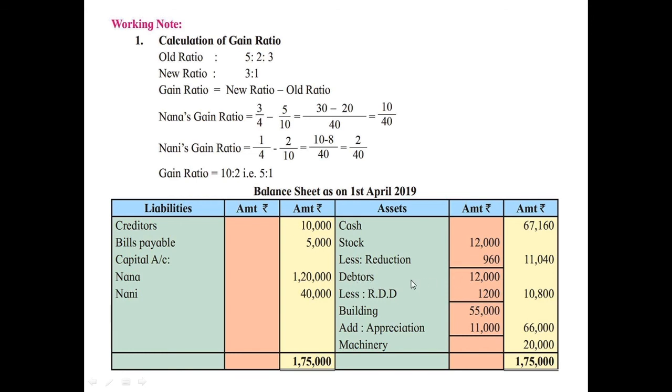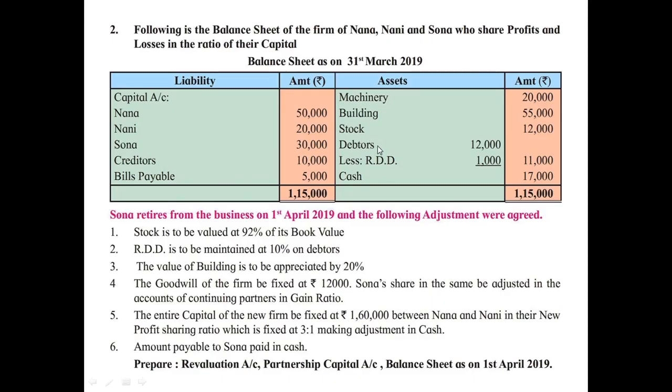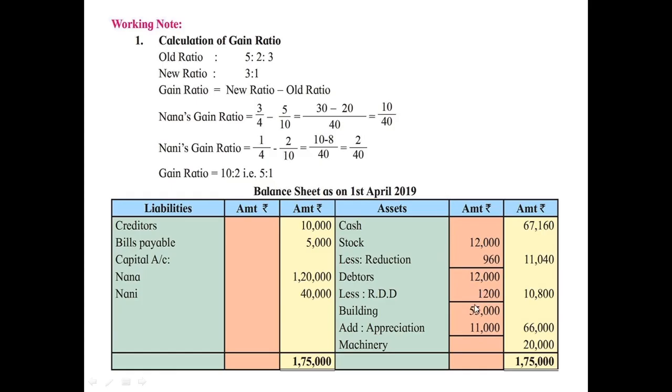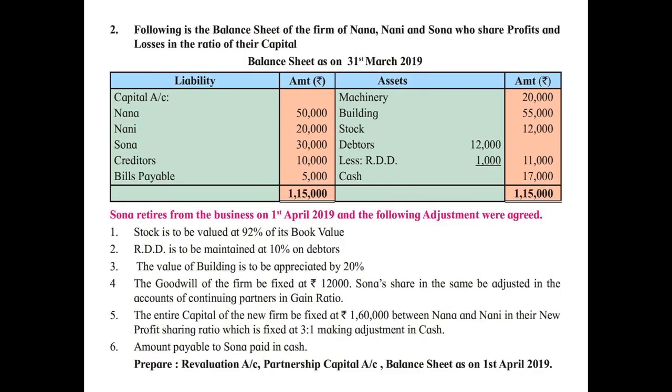The amount of debtors given as per the old balance sheet is 12,000. But then RDD is to be maintained at 10% on debtors. So 12,000 minus 1,200, outer column 10,800.